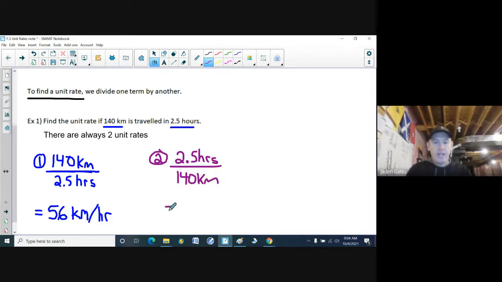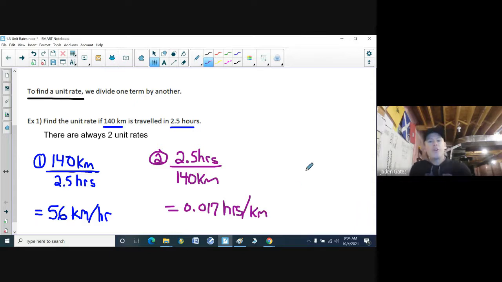I take those numbers, 2.5 divided by 140, and I end up with 0.017. The units this time are hours per kilometer.